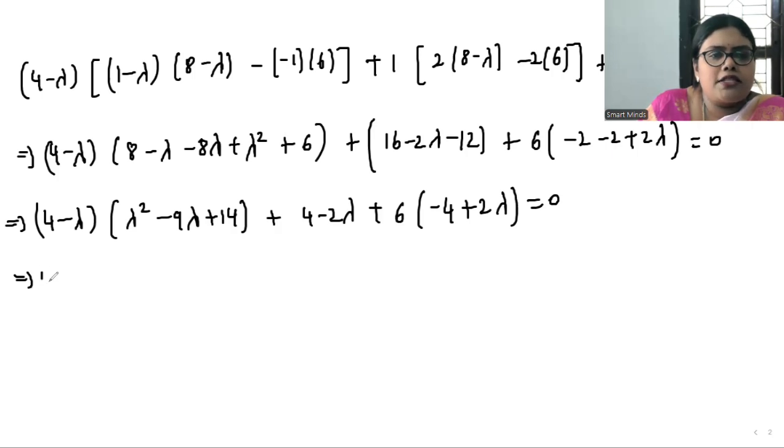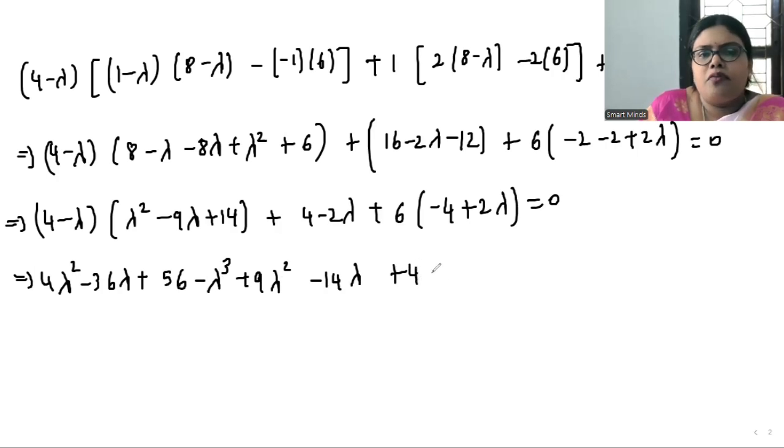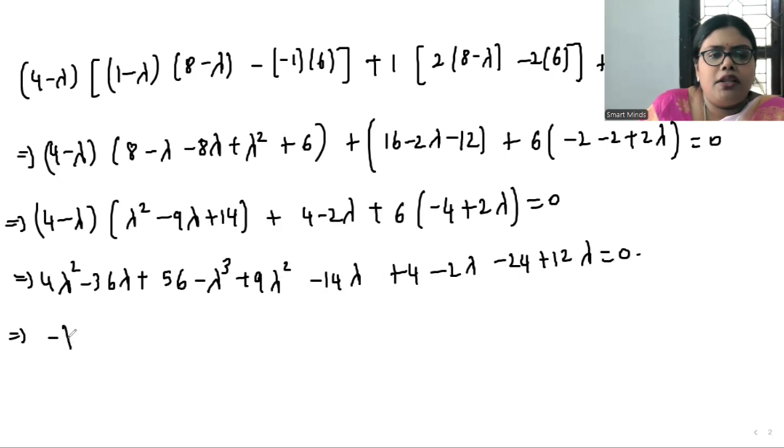Now open the brackets. 4 lambda square minus 36 lambda plus 56 minus lambda cube plus 9 lambda square minus 14 lambda plus 4 minus 2 lambda minus 24 plus 12 lambda is equal to 0. Now minus lambda cube we will write first. Then 4 lambda square plus 9 lambda square is 13 lambda square.